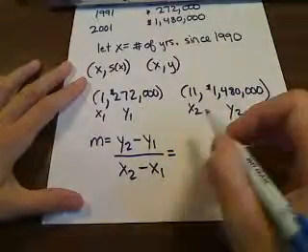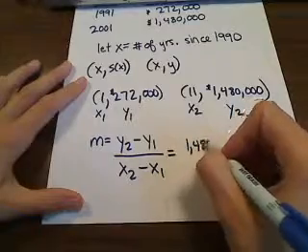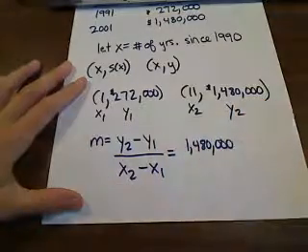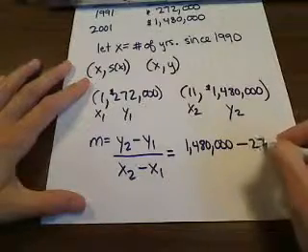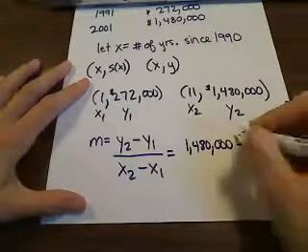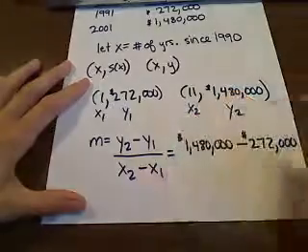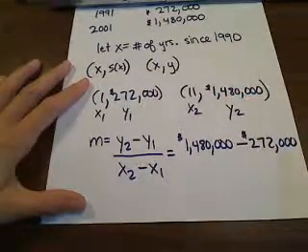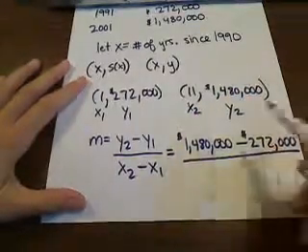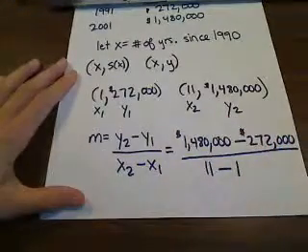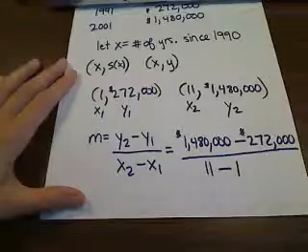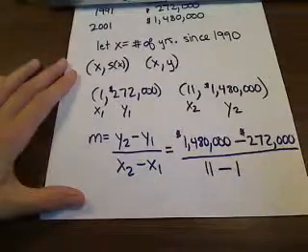So y2 is 1,480,000, minus y1, which is 272,000. These are both dollar amounts in the top. In the bottom I'm going to have x2, which is 11, minus x1, which is 1. And these are years.